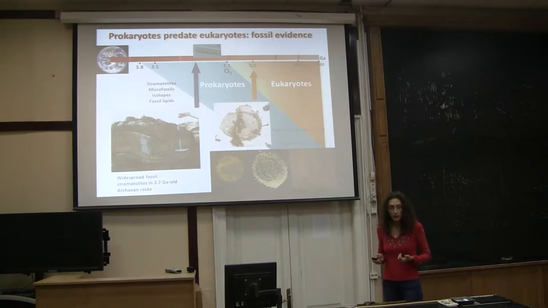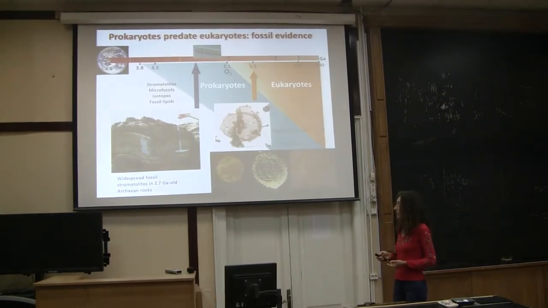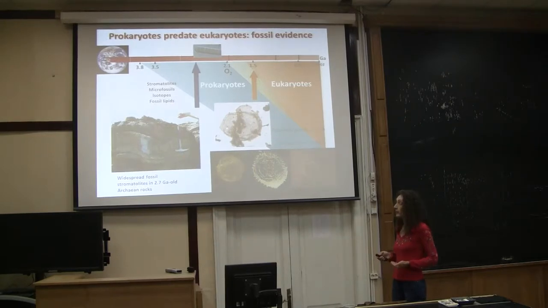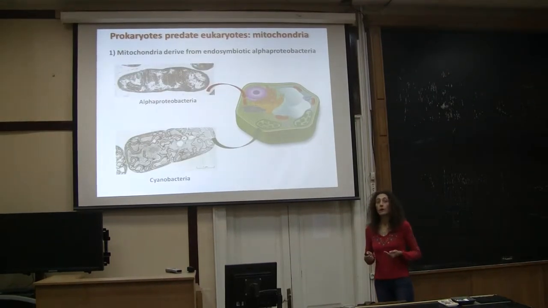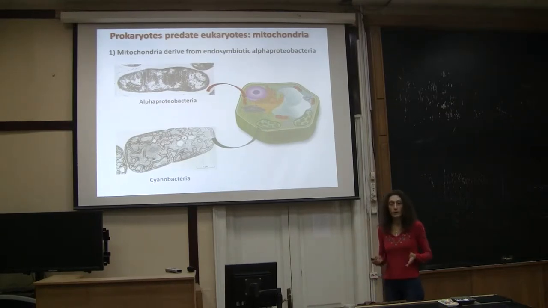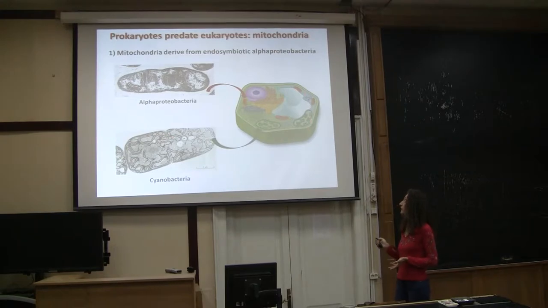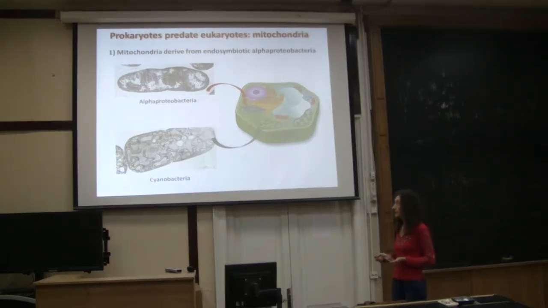And there is a second type of evidence that is even stronger, indicating that prokaryotes predate eukaryotes, and that's the presence of mitochondria in all eukaryotic cells, or their derivatives. So we know now that organelles such as mitochondria and the chloroplasts derive from ancient endosymbiotic bacteria.